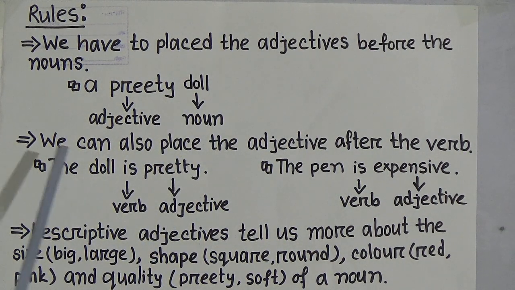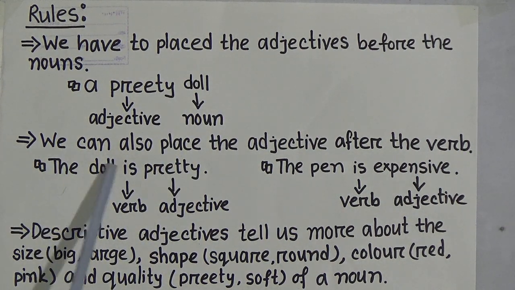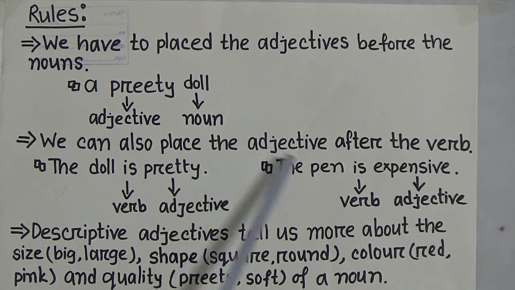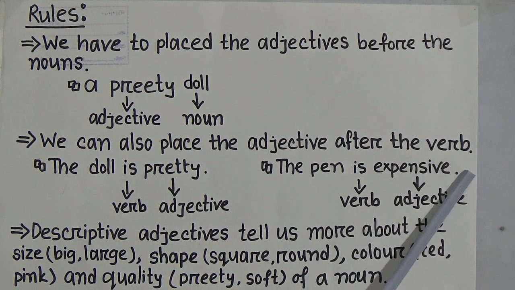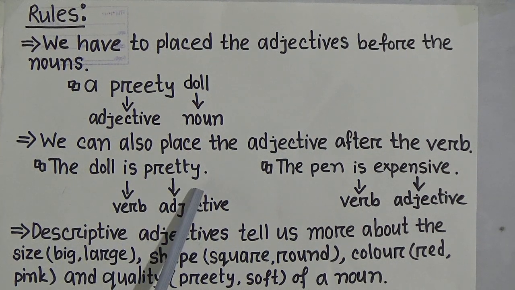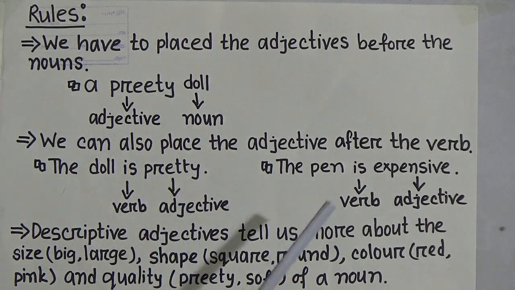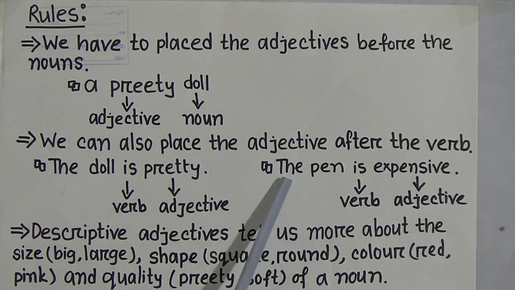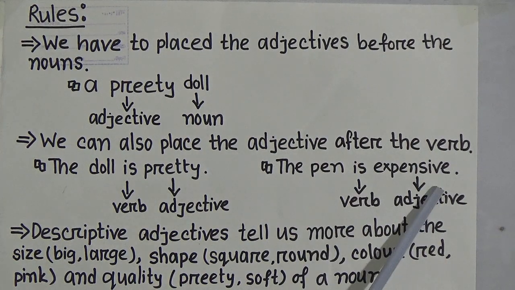However, number 2, we can also place the adjective after the verb. For example, the doll is pretty. Here, the verb is "is" and the adjective is "pretty". Next example, the pen is expensive.